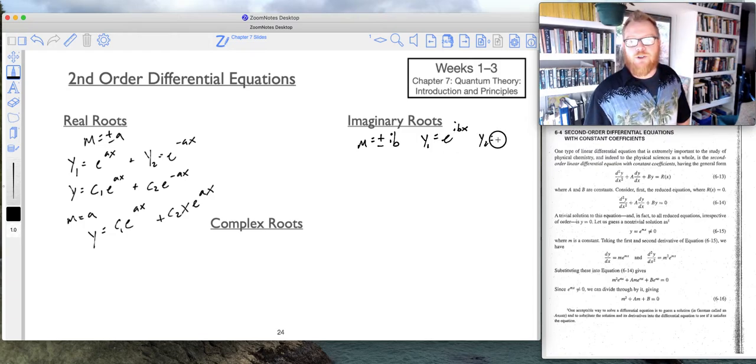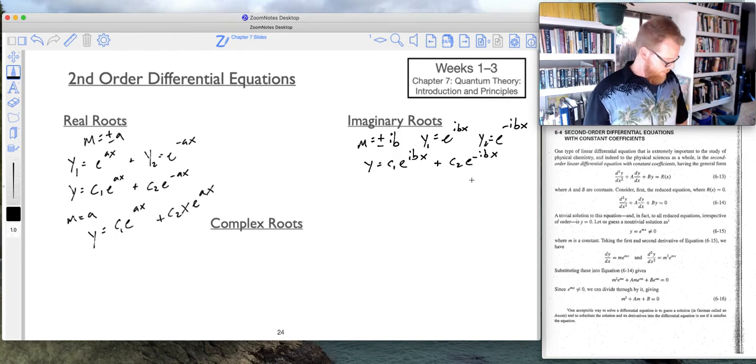My solution 2 would be e to the negative ibx. And my general solution would be y equals, once again with some normalization constants that we need to determine, c1 e to the ibx plus c2 e to the negative ibx.